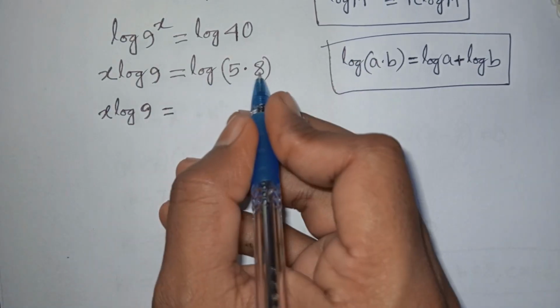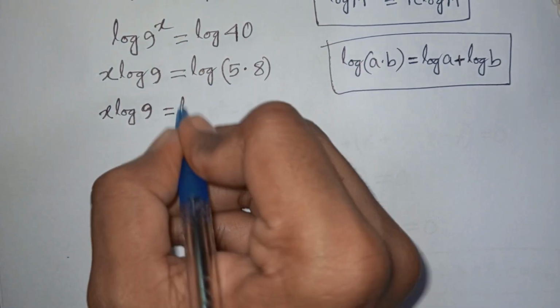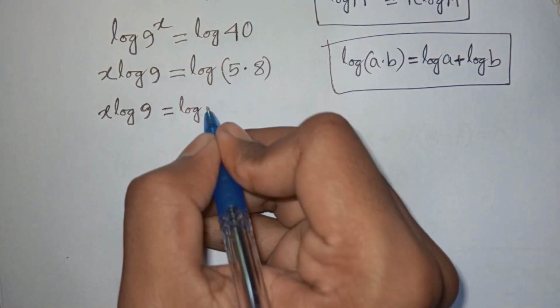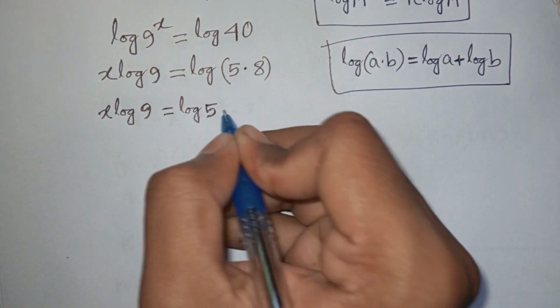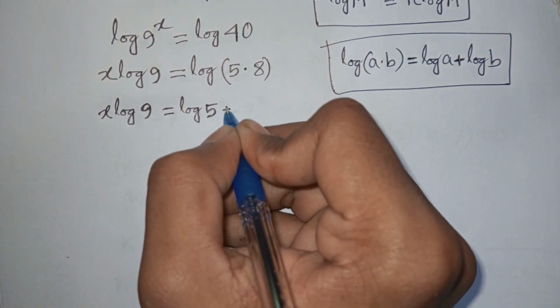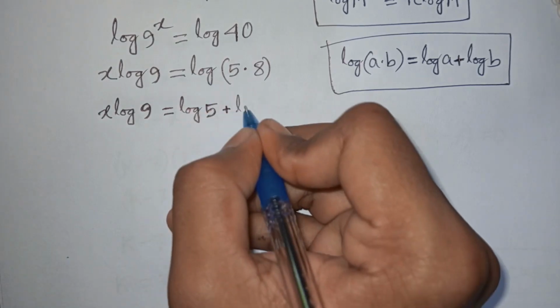The log of 5 times 8 is the same as log 5 plus log 8.